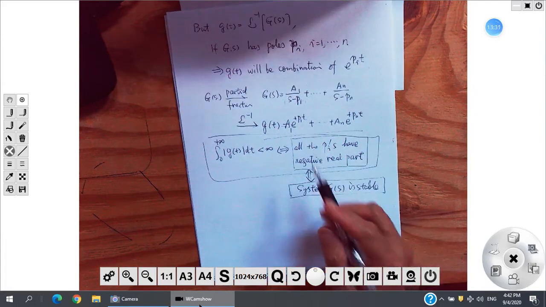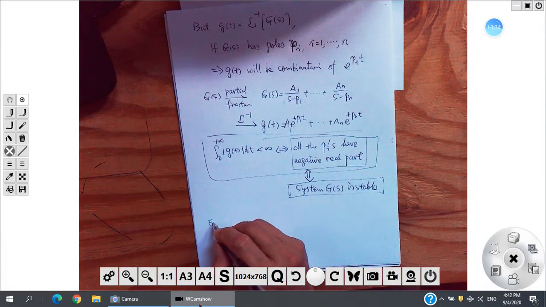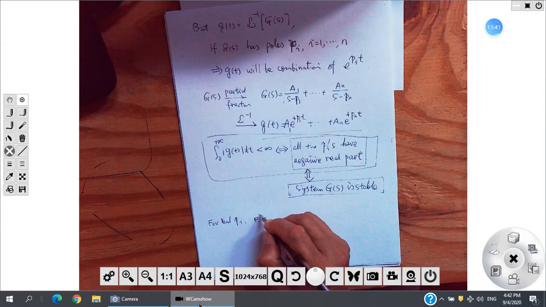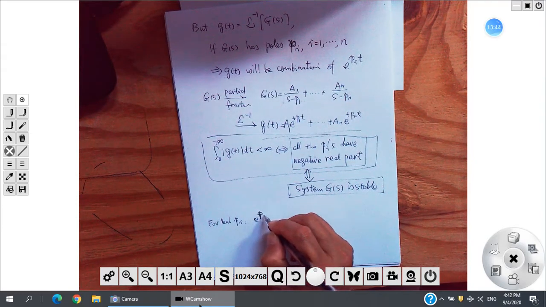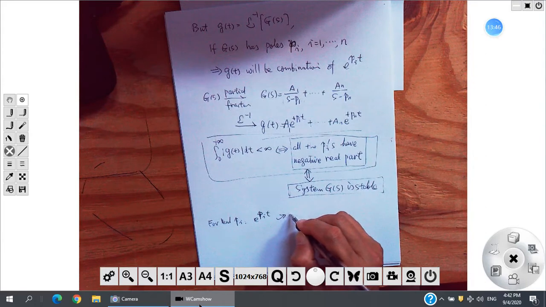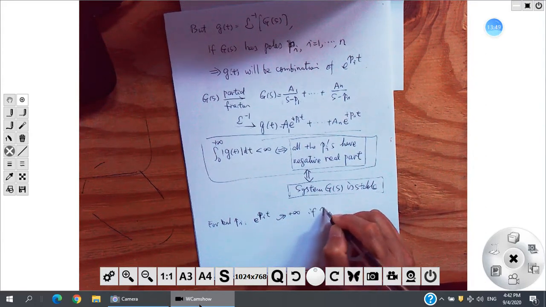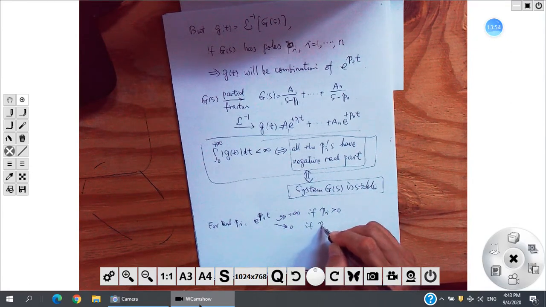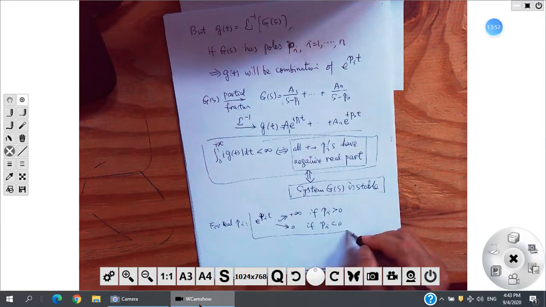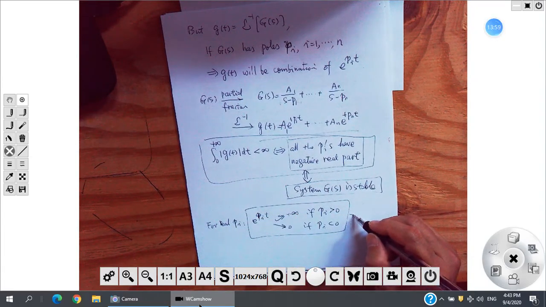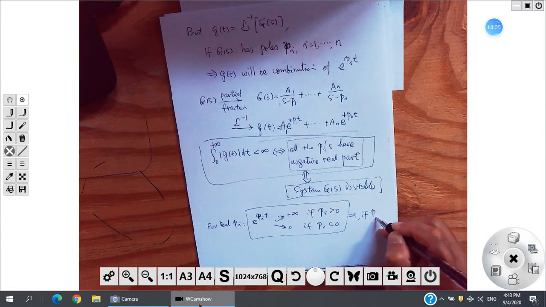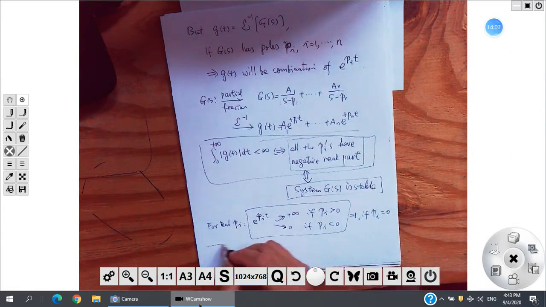Why do we have this? We say for real p_i, e to the positive p_i t will go to infinity if p_i is positive, and will go to 0 if p_i is negative, and will equal the constant 1 if p_i is 0. Right? This is for real numbers.